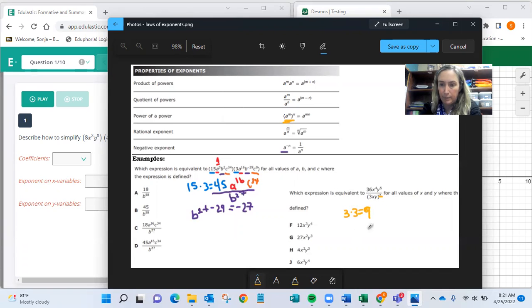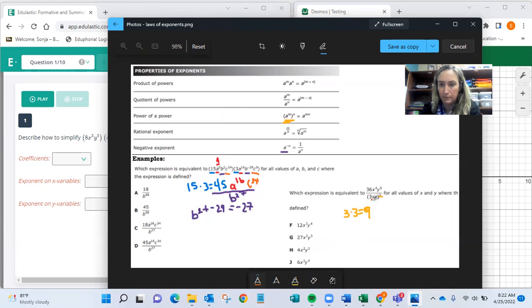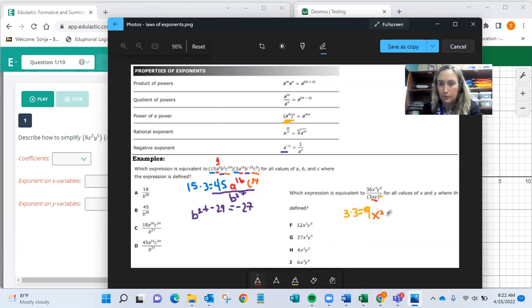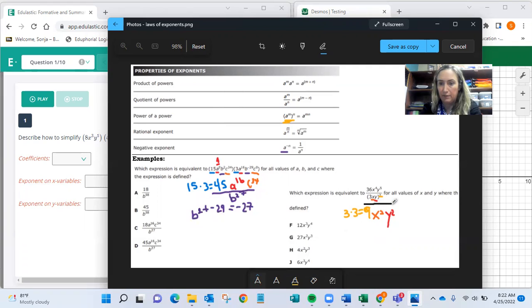But then my x squared would be x squared. And my y squared would be y squared. And I still have all of this over 36 x to the power of 4, y to the power of 5. So I still have this right up on top.